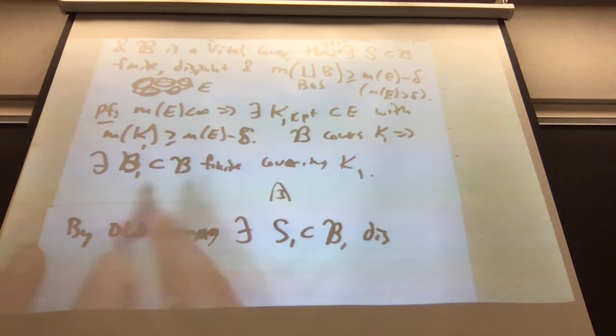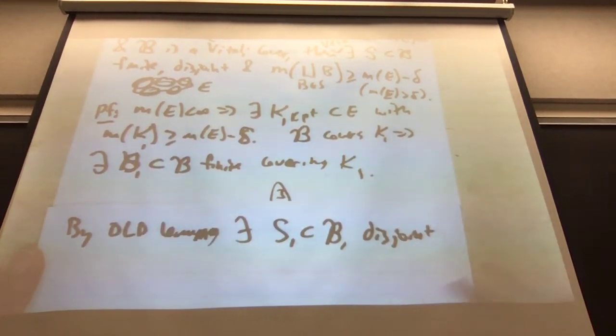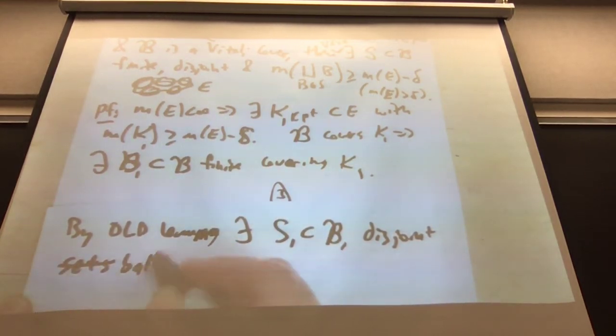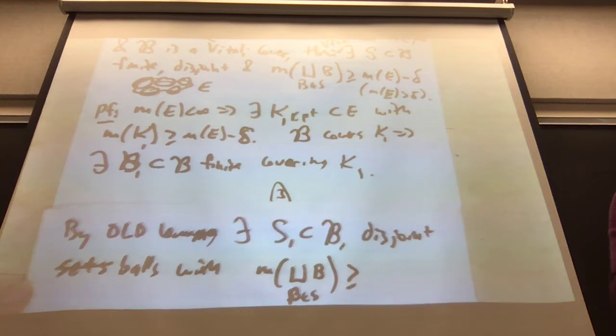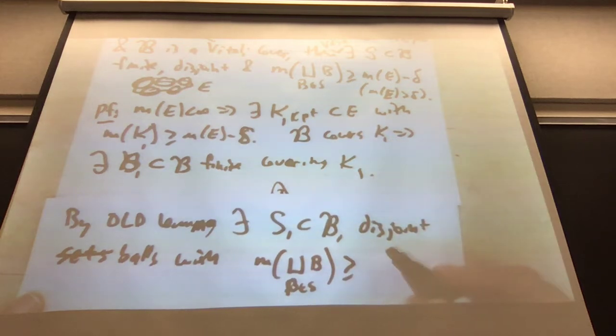This doesn't give me disjoint sets, this will give me disjoint balls, with the measure of the disjoint balls in S1 being at least, so we have to drop a bunch of them, but we're not going to drop too much, 1 over 3 to the D times the measure of the union of all the balls in B1.